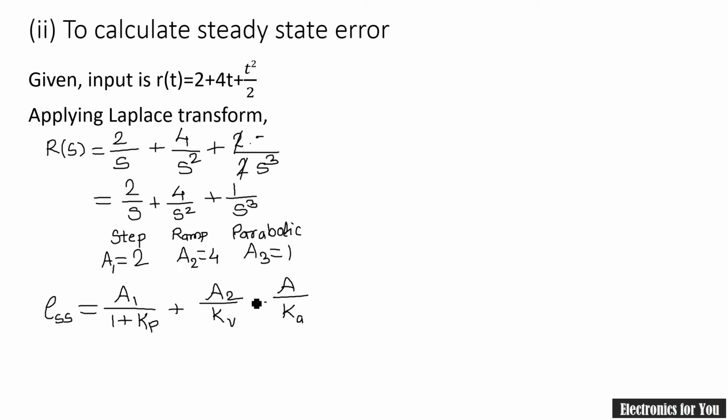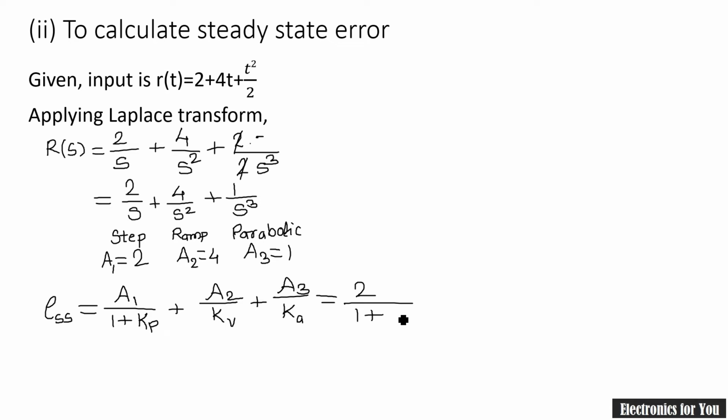The respective magnitudes are indicated by A1, A2 and A3, and therefore putting in the values, A1 is 2 over 1 plus Kp. Now see here that we got a value for Kp as infinity.